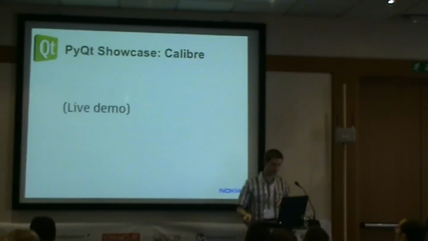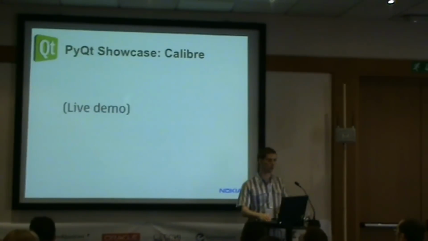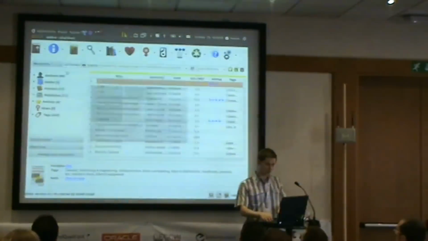As a PyQt showcase, I rather randomly selected the Calibre application, which is an ebook management software and is extremely popular on the Linux and Windows desktop as well as Mac, I believe.